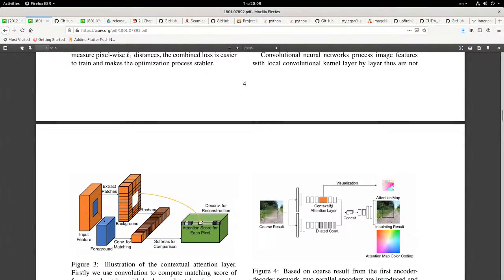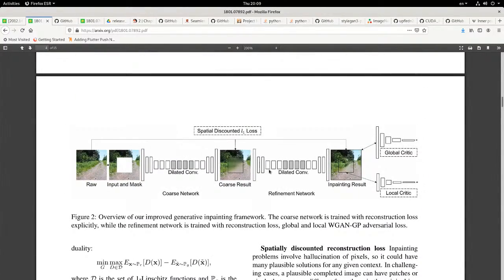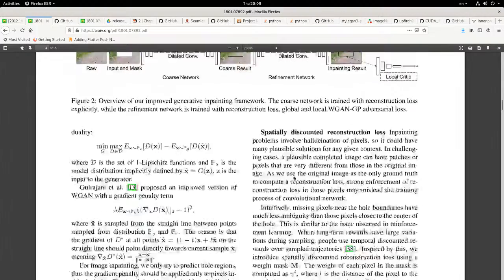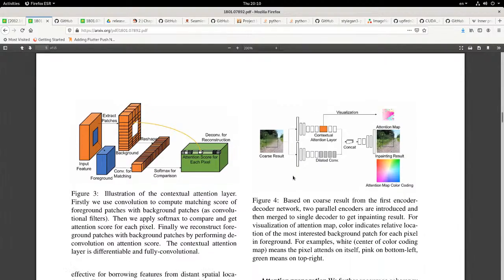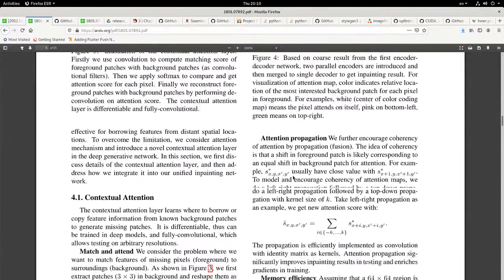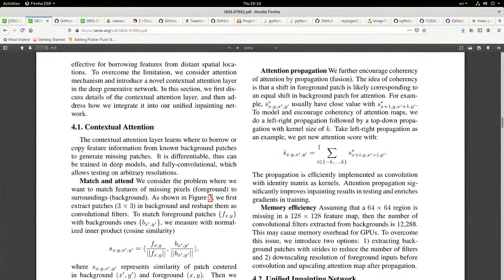Okay, so this layer is this guy, right? That's the refinement network. For visualization, okay.